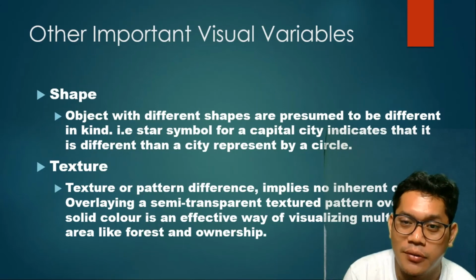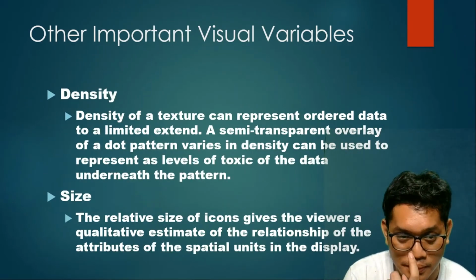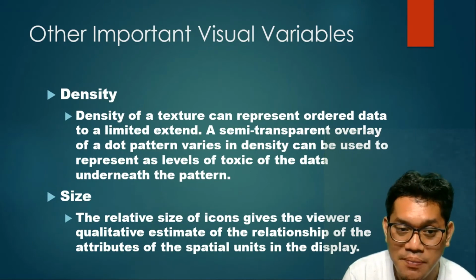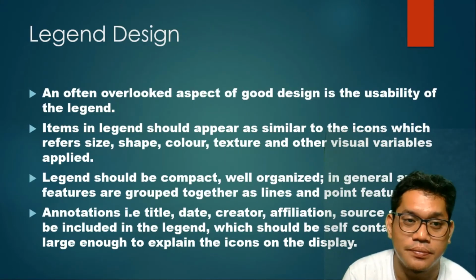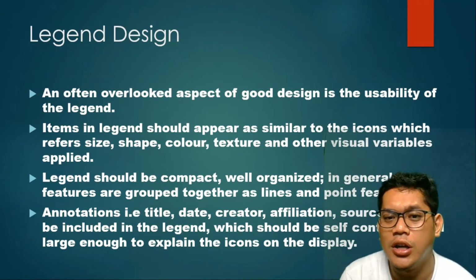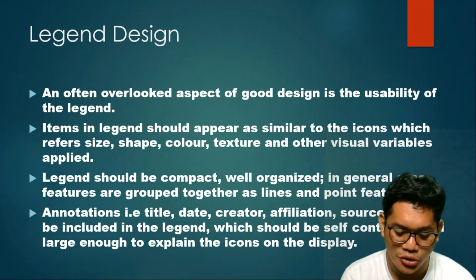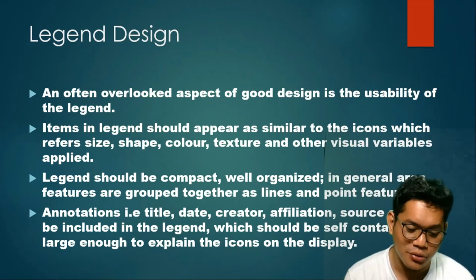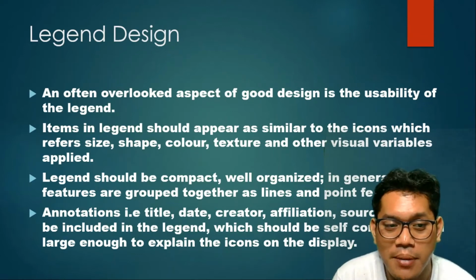And other important visuals are shapes and textures, as well as the density and also the size of the icons. For the legend design, the often overlooked aspect of good design is the usability of the legends. Legends are not only there to show the information, but it's also good to try to give a good design to the map.